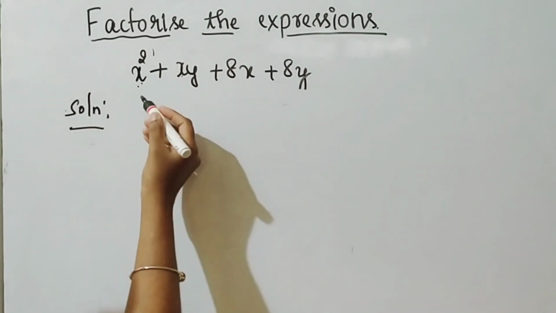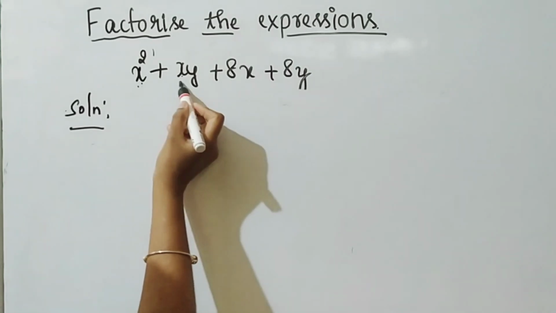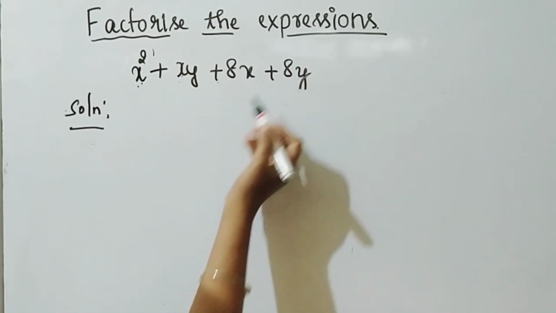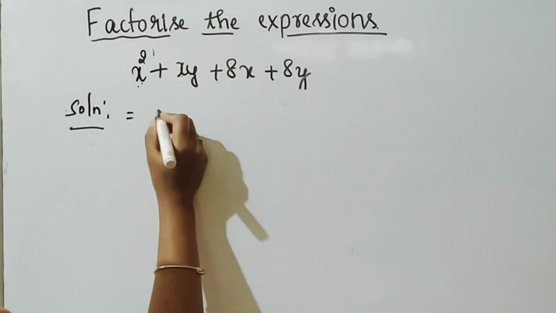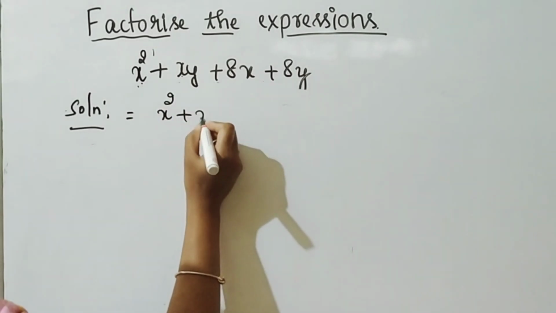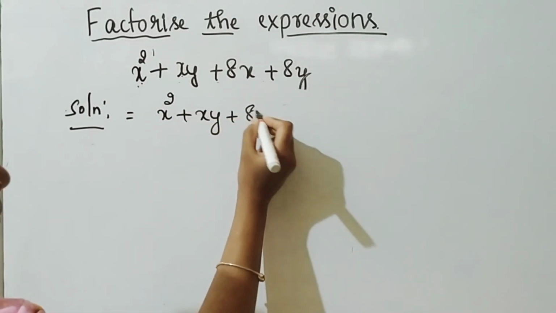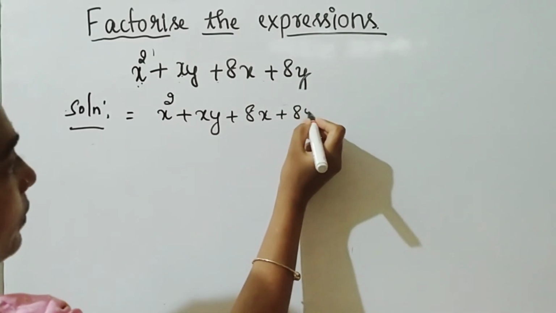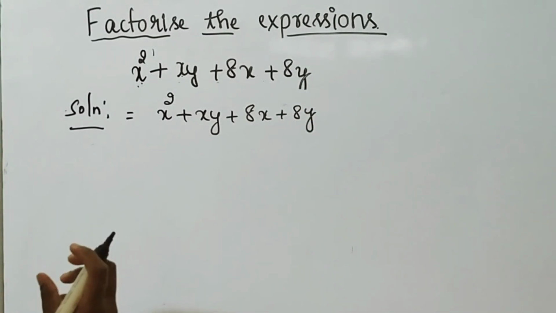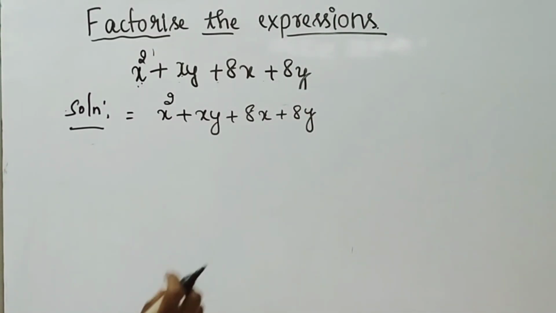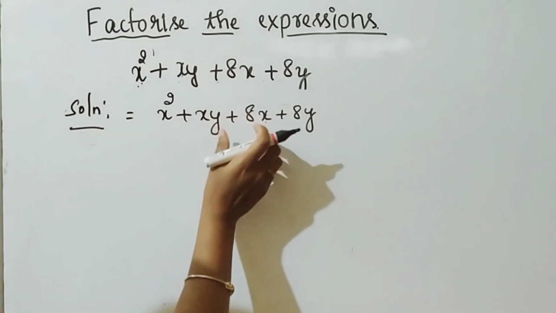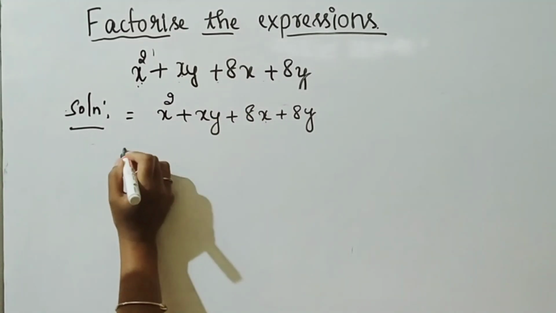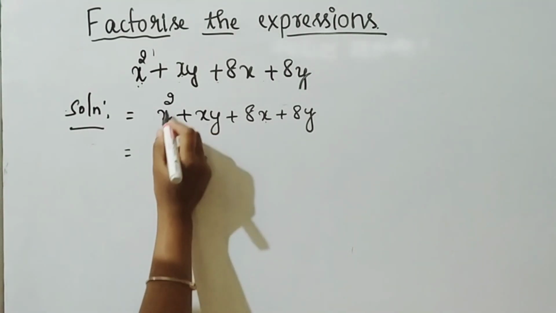Now let me explain x square plus xy plus 8x plus 8y. How do we have to simplify this problem? First step, write the given expression. Then check which terms you can find common. Here in xy, x is a factor, so you can take it common.